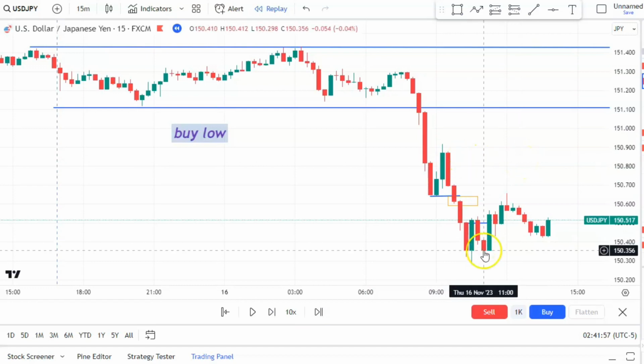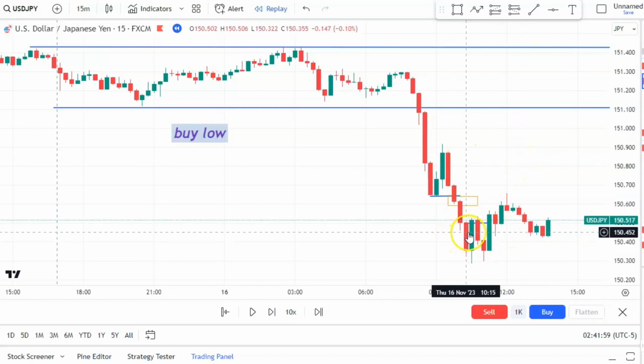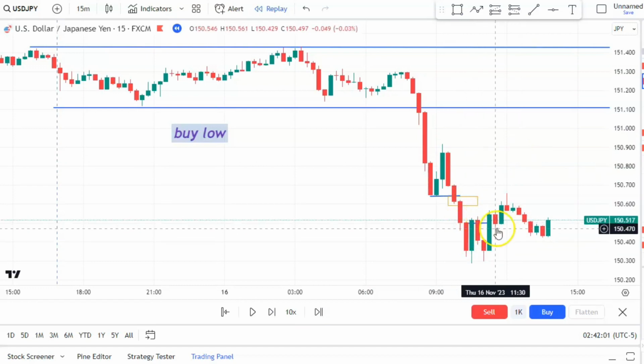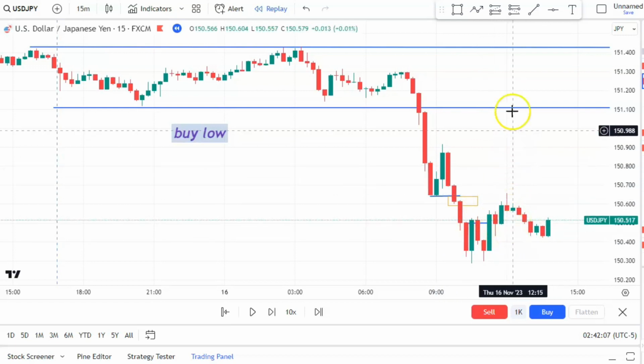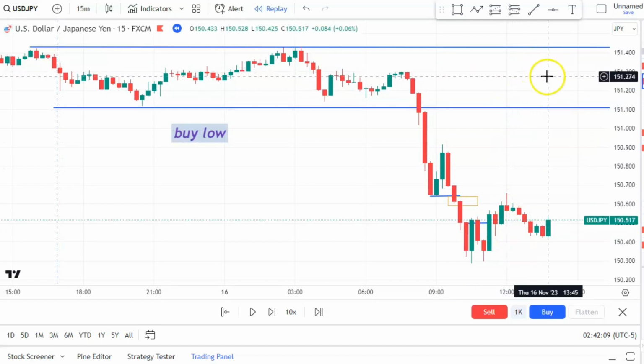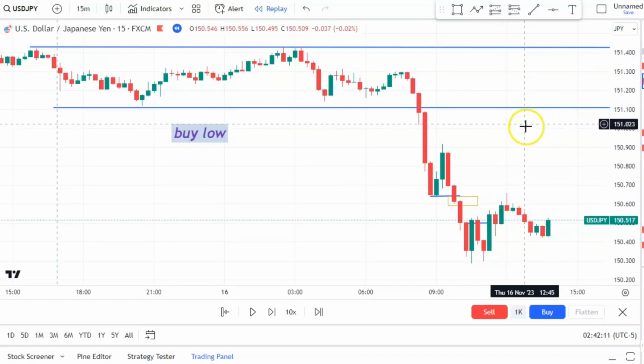Otherwise, you will just be in a position where you can get easily manipulated, easily stopped out, and then watch the trade go in the intended direction. And I know the feeling, it's not good.